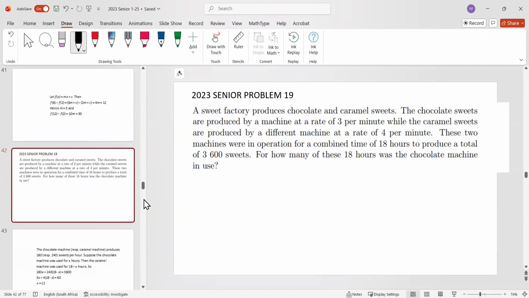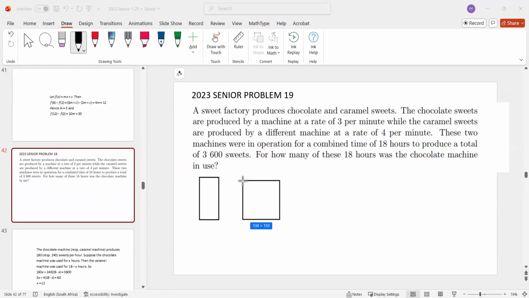Problem number 19. A sweet factory produces chocolate and caramel sweets. The chocolate sweets are produced by a machine at the rate of 3 per minute. So let's just look at this machine. So you got a chocolate producing machine, and you got a caramel producing machine.